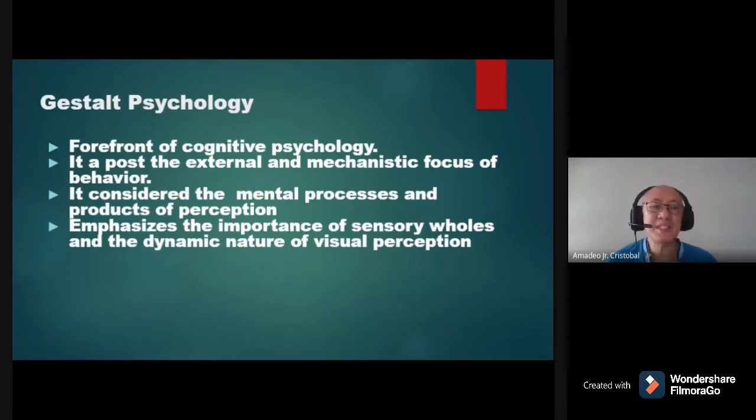Then it also emphasizes the importance of sensory wholes in the dynamic nature of visual perception. So in Gestalt psychology, the use of the senses is very important. According to Gestalt psychology, the five major senses that we have are very important.